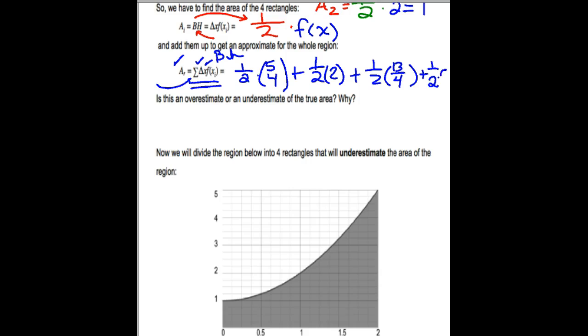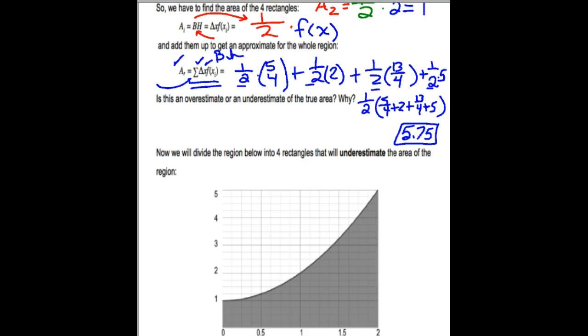If you did that all on your calculator, because these all have a base of a half, the easiest thing to do is pull the half out and then just do 5/4, or 1.25, plus 2, plus 13/4, or 3.25 if you want to do decimal, plus 5. And if you do that on your calculator, a 5.75 comes up.